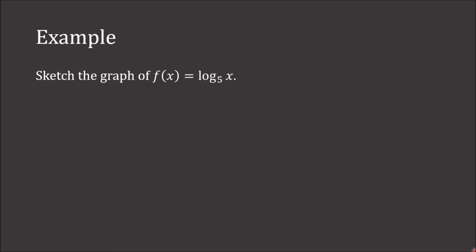So let's sketch f of x equals log base 5 of x. There's our coordinate system. Now it's base 5, which means it's going to be increasing. We have our asymptote right here as the y-axis. It crosses the x-axis at (1, 0).